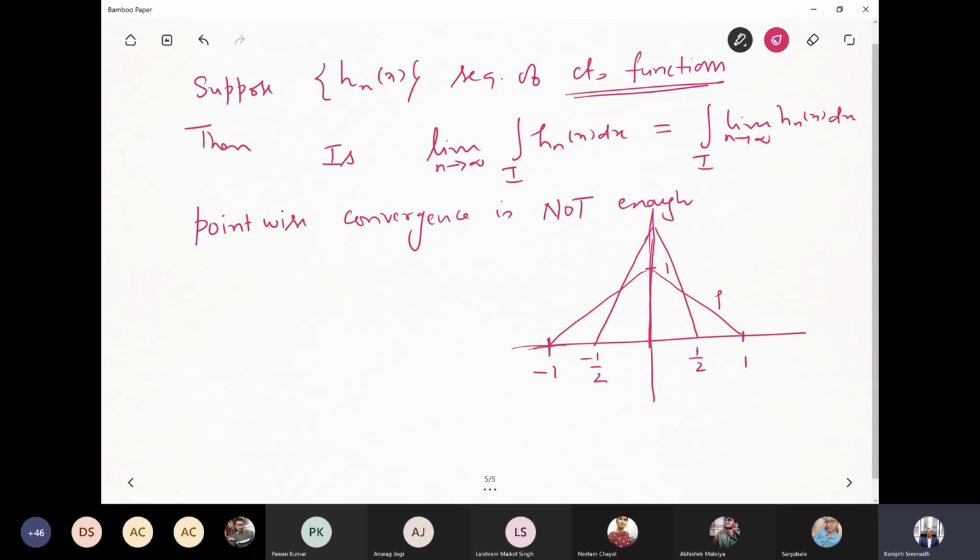So this is the first function, h1, this is h2, and so on. So the hn's are something like this. So h1 and h2. So we define h n x.